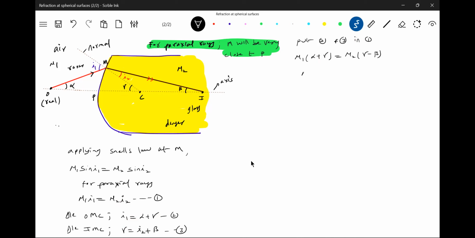So this will become mu1 alpha plus mu2 beta equal to mu2 minus mu1 into gamma.